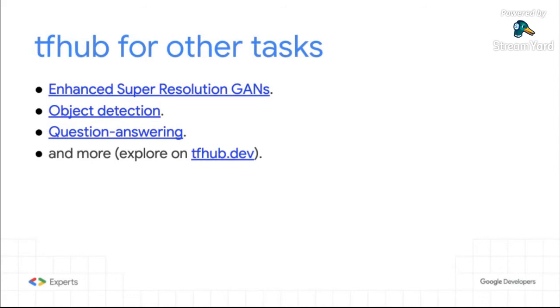Object detection is also supported, although I'm not yet sure if it's supported for custom training use cases. But you can definitely run off the shelf object detection with TensorFlow Hub based models. Question answering is also supported, which is very fun, I think. And there are a number of different tasks that you might be interested in exploring. So feel free to check them out on tfhub.dev.